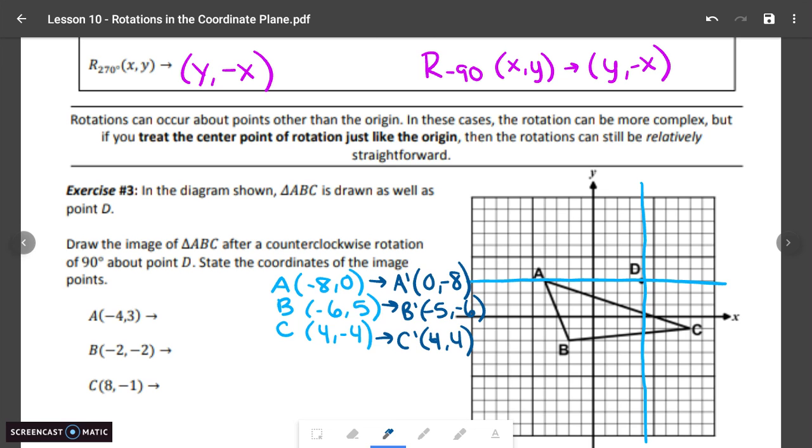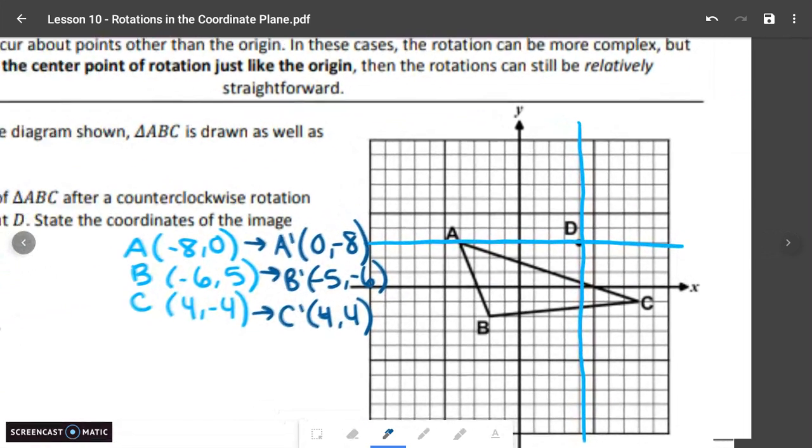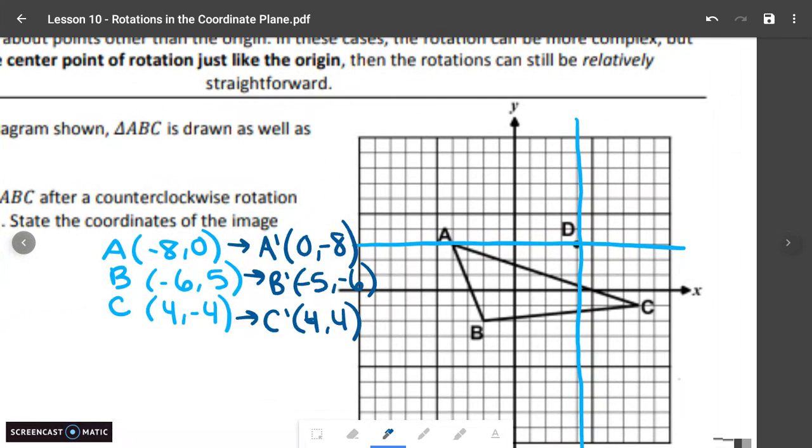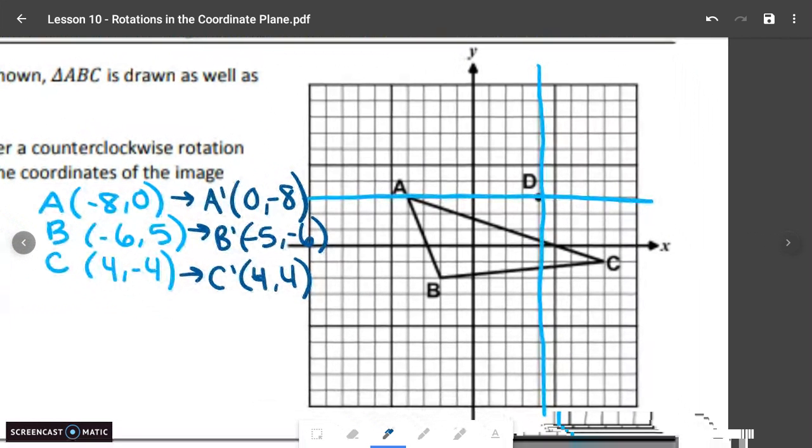So I just did the 90 degrees from this fake origin point. Now I'm going to plot those. 0, -8. Now from D though, this is all from point D. So here's A prime. -5, -6 from D is 1, 2, 3, 4, 5. 1, 2, 3.